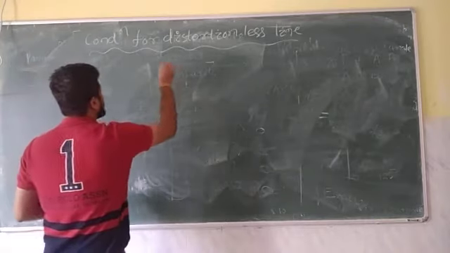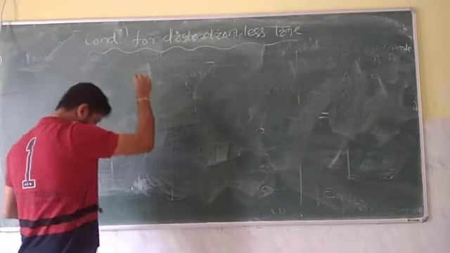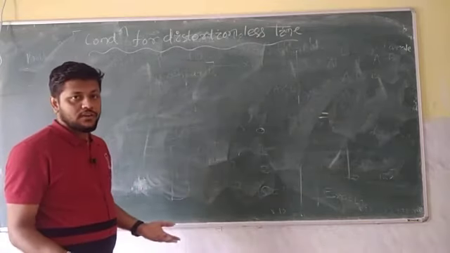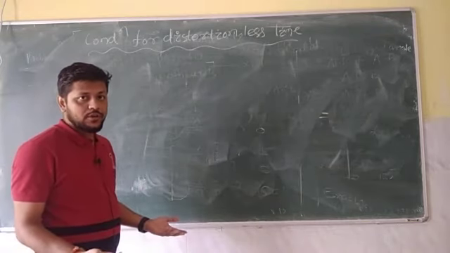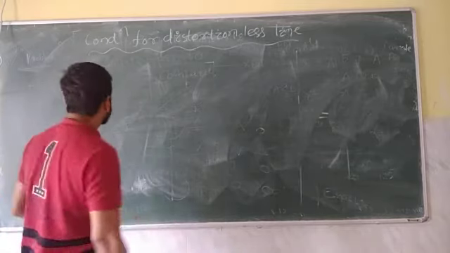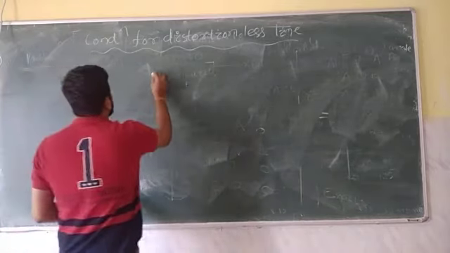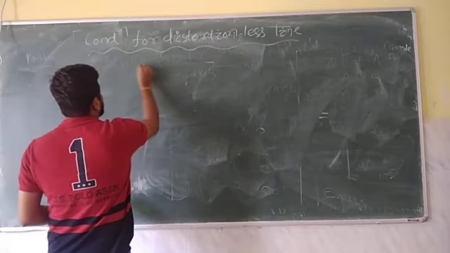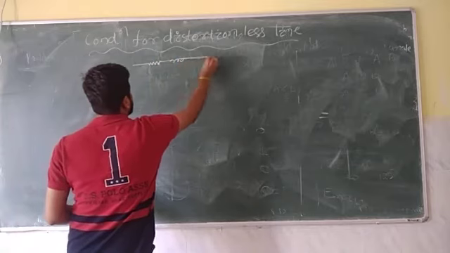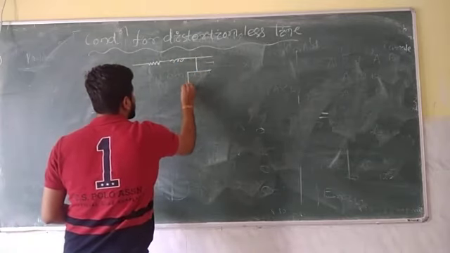So the condition for a distortionless line: distortion means change in the shape of the signal, so distortionless means there is no change in the shape of the signal when you transmit it from source to load. In the last class I drew this equivalent circuit, so first we will see it once again.